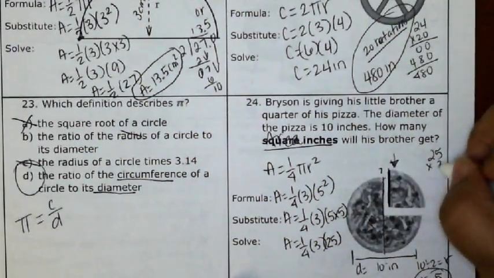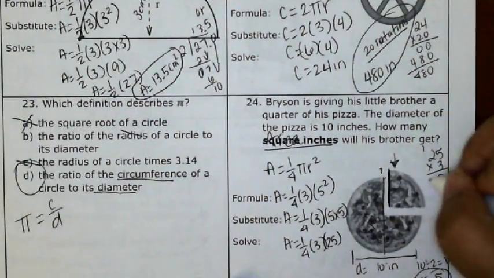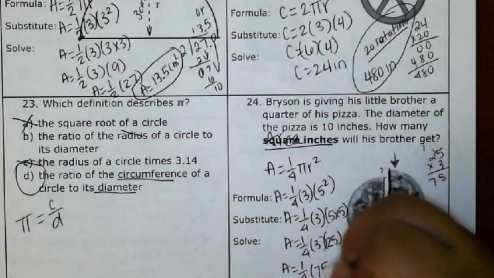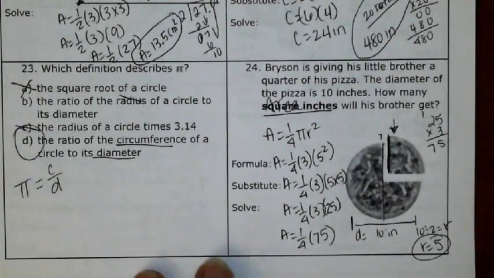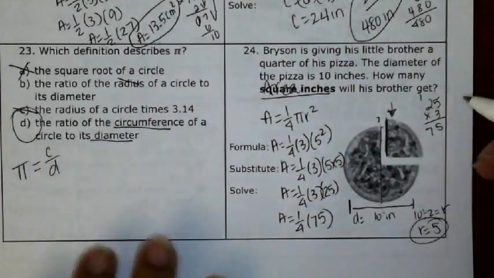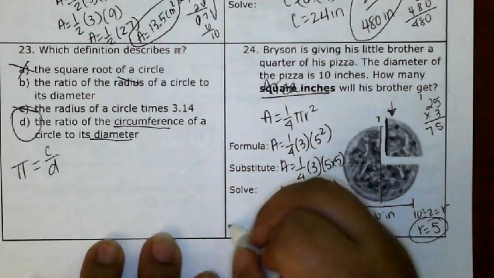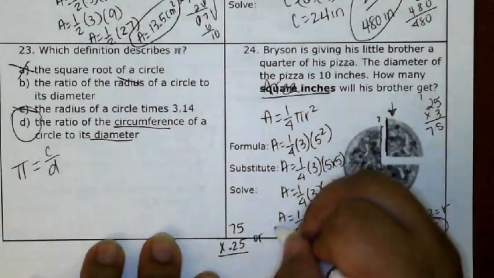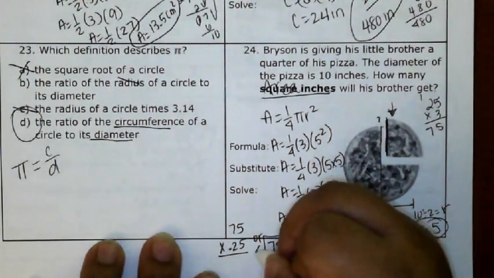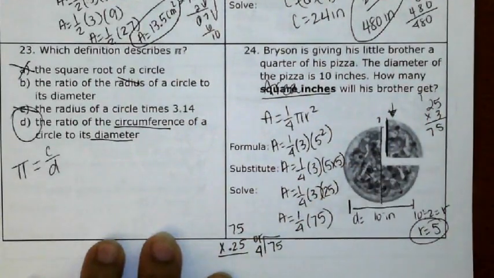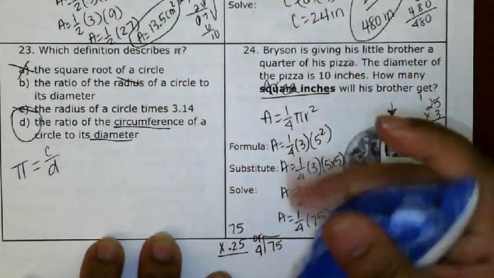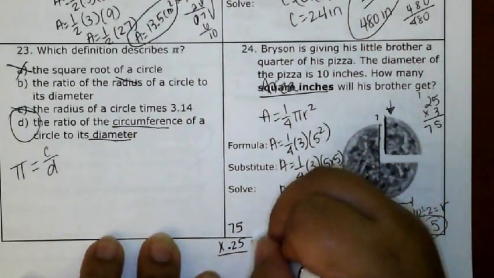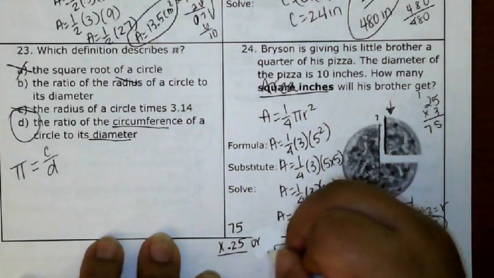Now here, you can finish solving this one 2 ways. You can either do 75 times 0.25 or 75 divided by 4. If I do 75 divided by 4, let me move this a little bit. 4 can go into 7 one time. 7 minus 4 would be 3.